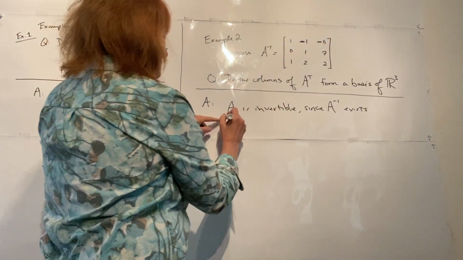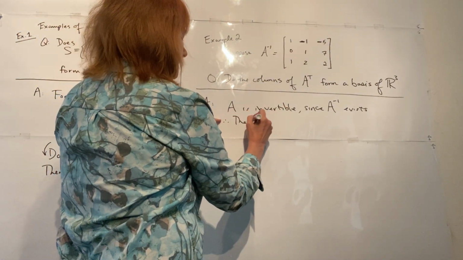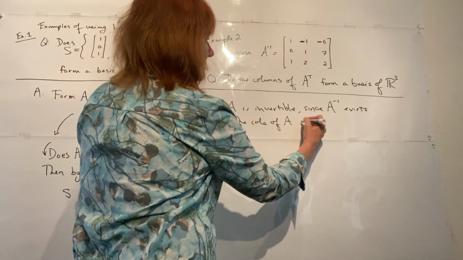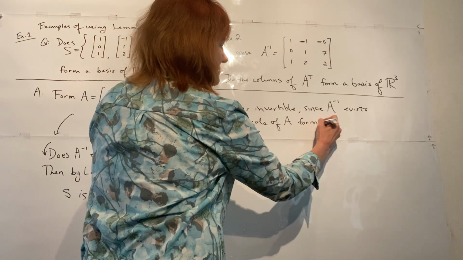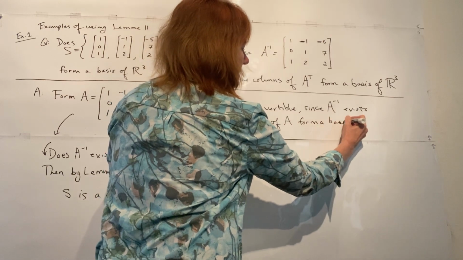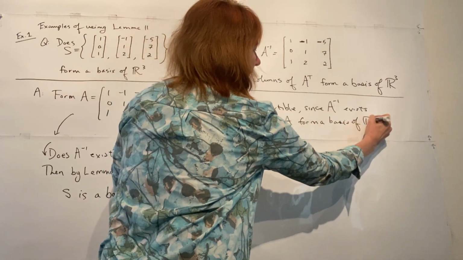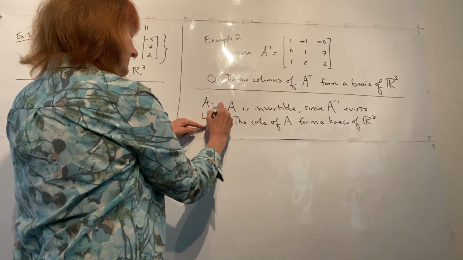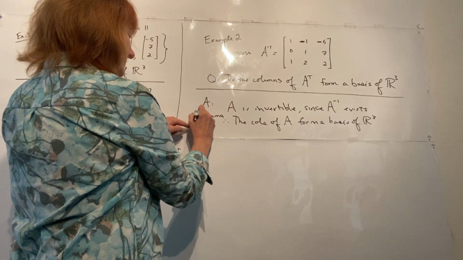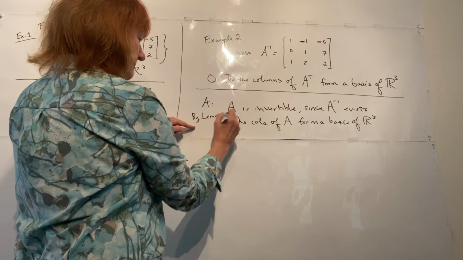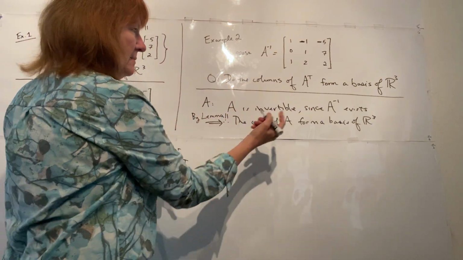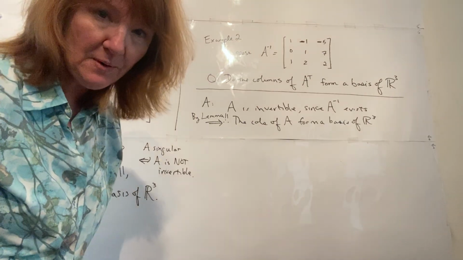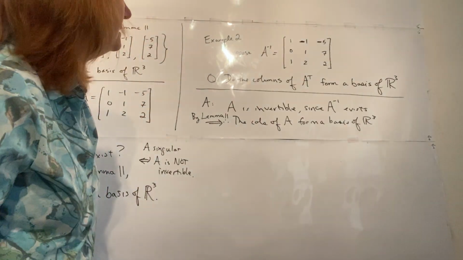So therefore, the columns of A form a basis of R3. So you might go with that just by using Lemma 11. Right? That's not quite the question. The question was, do the columns of A transpose form a basis?